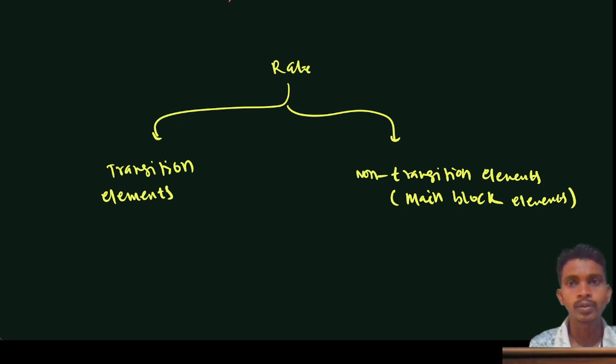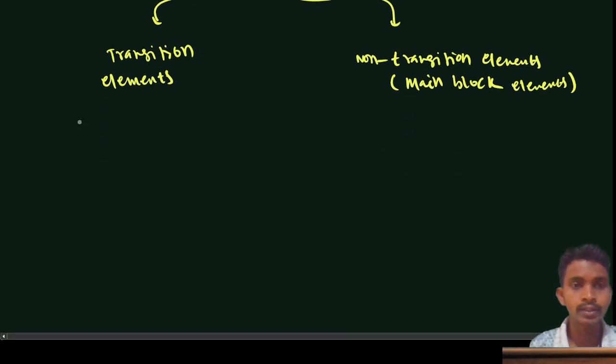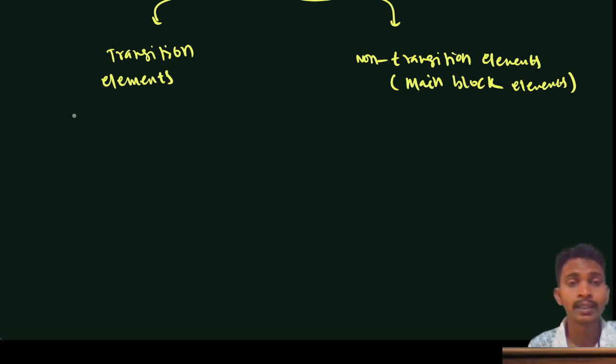For transition metal elements, first we look at whether it is labile or inert. After that, we look at whether they have the same electronic configurations.